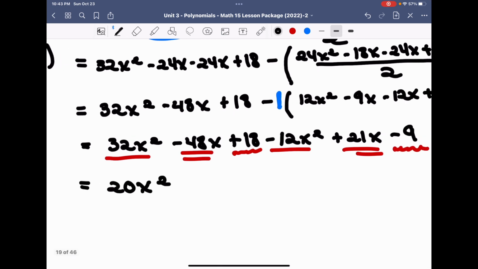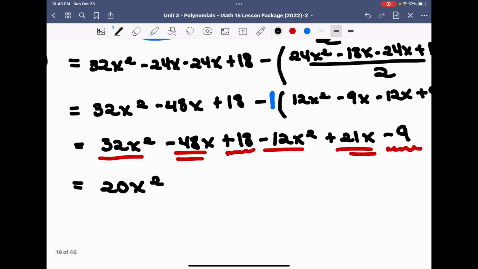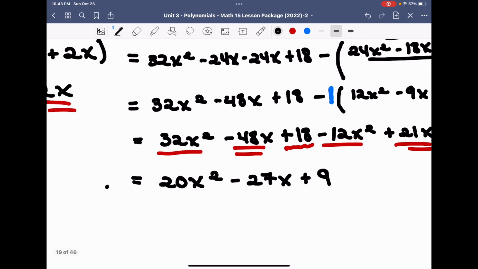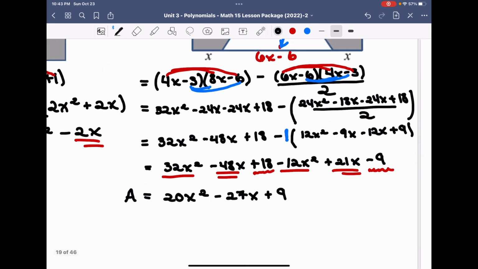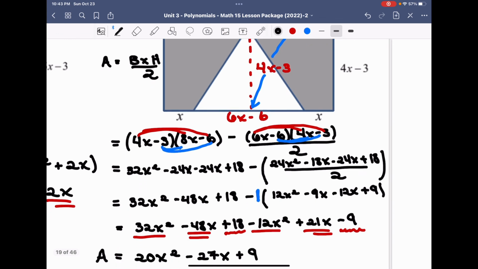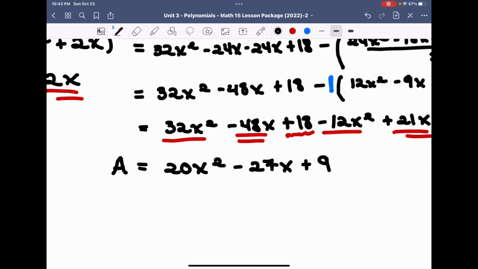Negative 48x plus a 21x is going to be equal to negative 27x. And then 18 minus a 9 is going to be positive 9. So there is our simplified expression for the shaded area. The shaded component, subtracting away that triangle, is equal to this expression here.